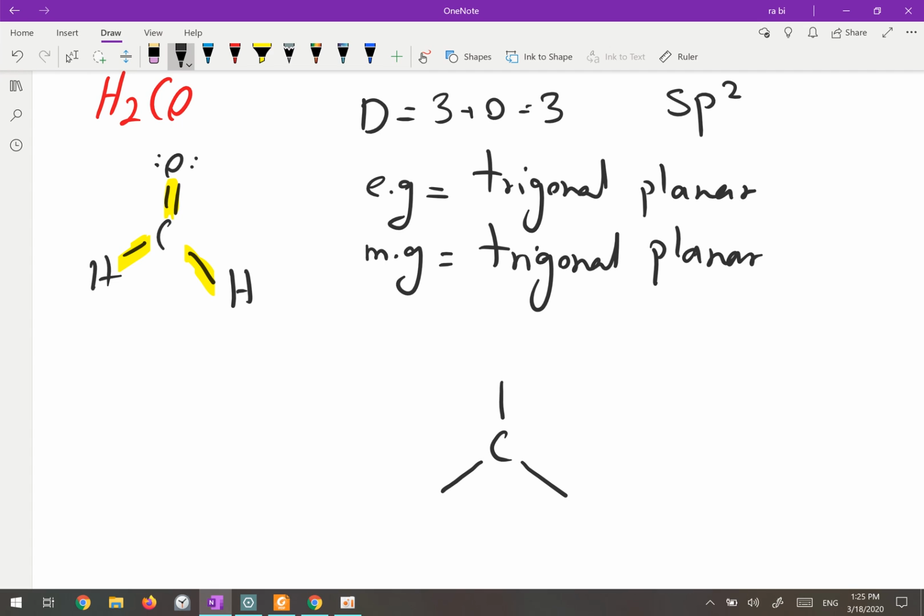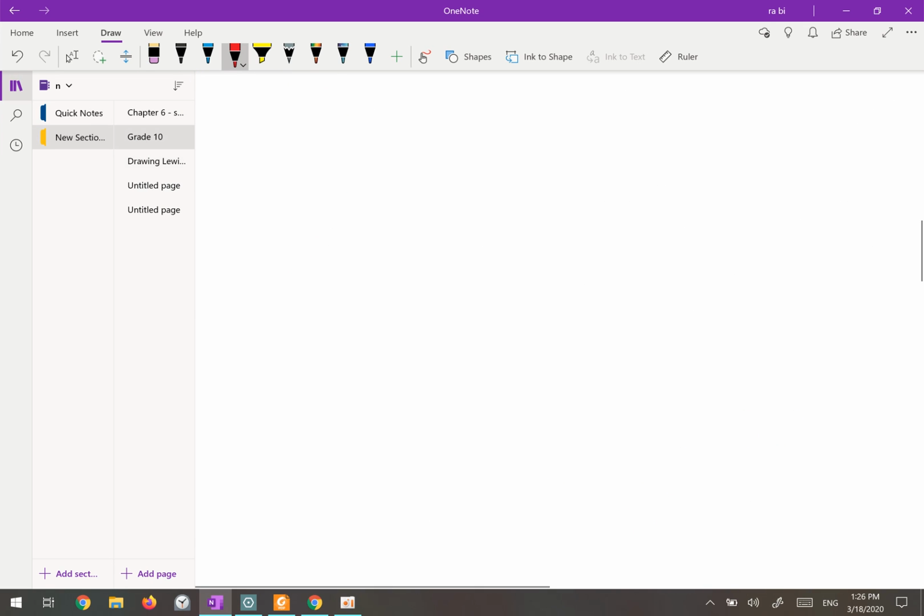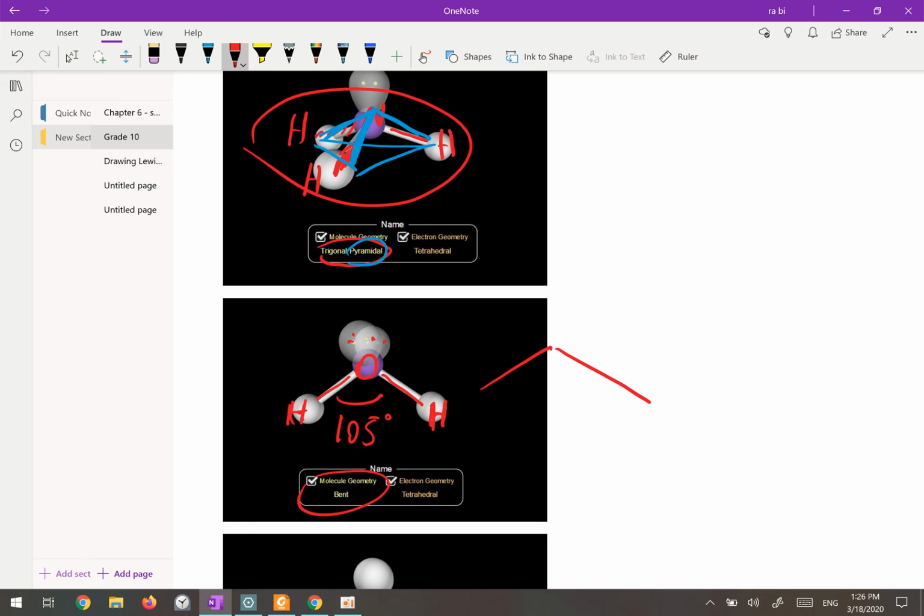In this case, these domains are the double bond to the oxygen, hydrogen, hydrogen. And what is the angle when the arrangement is trigonal planar? Yeah, the bond angle is 120 degrees.